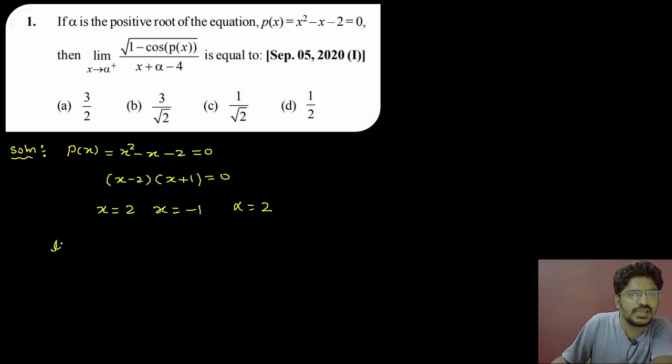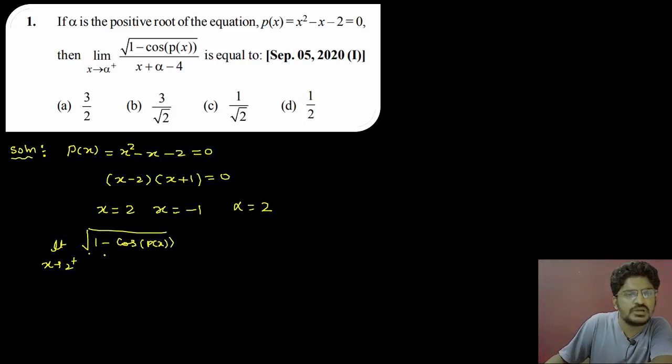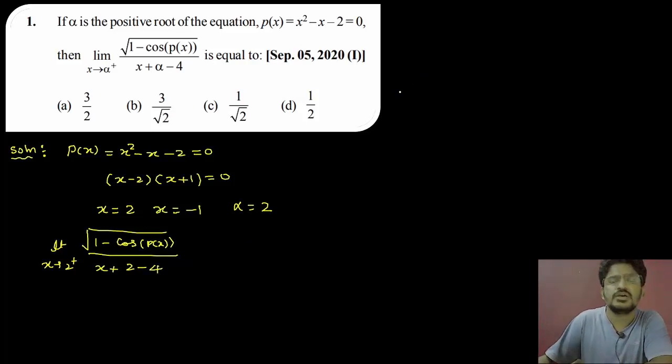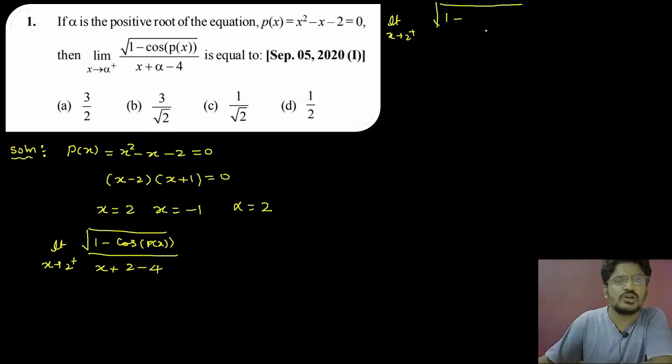We have to simplify the limit as x tends to 2 plus of square root of 1 minus cos of p of x divided by x plus alpha, that is x minus 2. Here, p of x is x square minus x minus 2, divided by x minus 2.